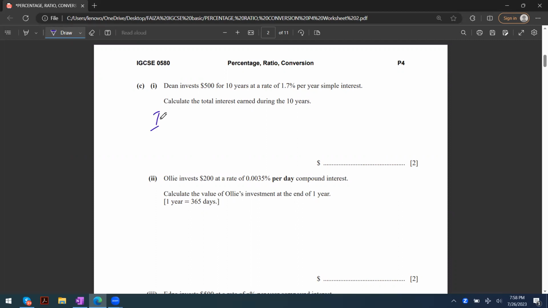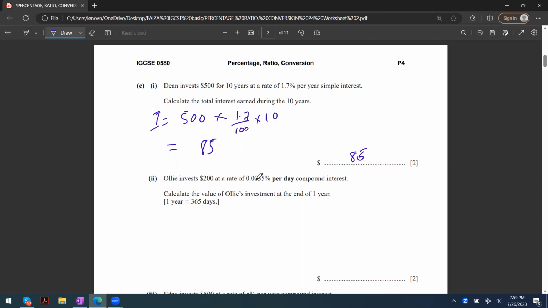So interest will be 500 he invested times 1.7 over 100 times 10 years. $85. That's just the interest. If you want to find the total amount, it will be 585.